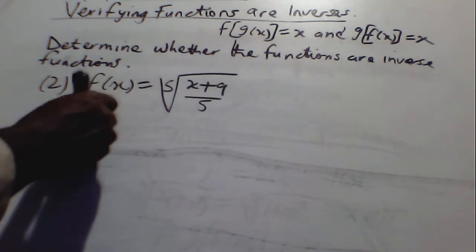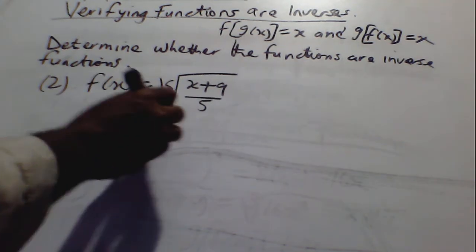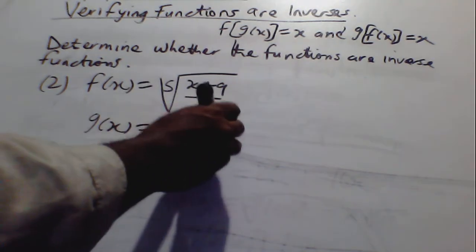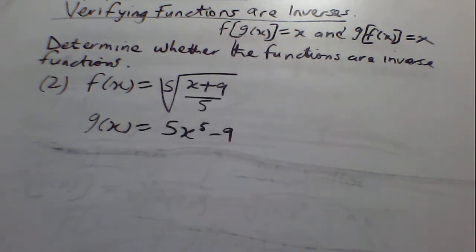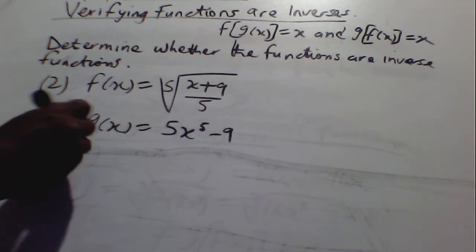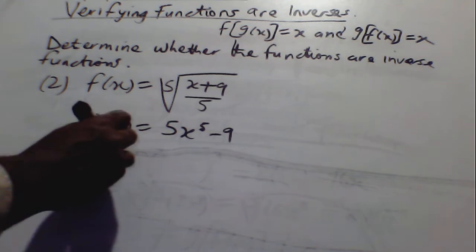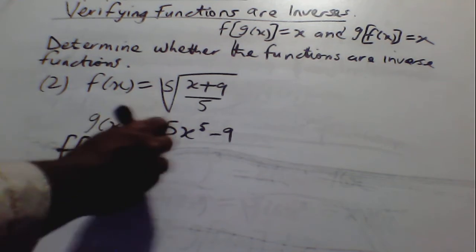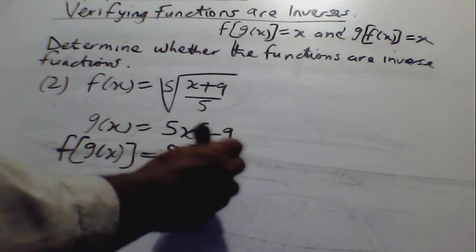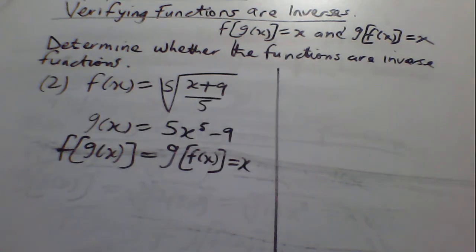Also, you are given g of x is equal to 5x raised to power 5 minus 9. So determine whether the functions are inverses. If the functions are inverses, then f of g of x will be equal to g of f of x, and the result will be equal to x. So this is the first thing. So let's test for this.